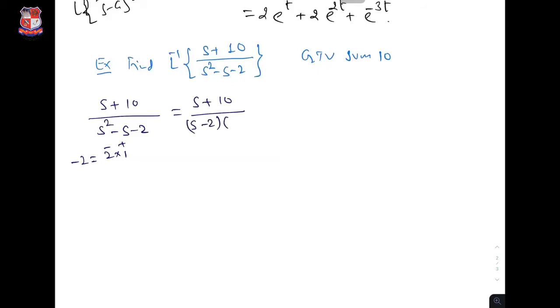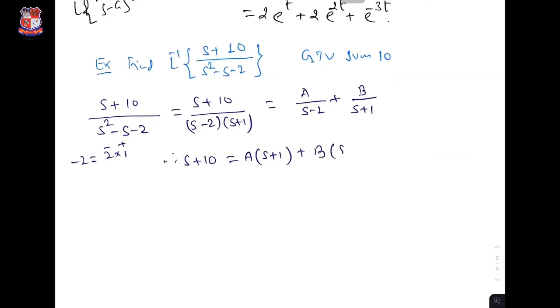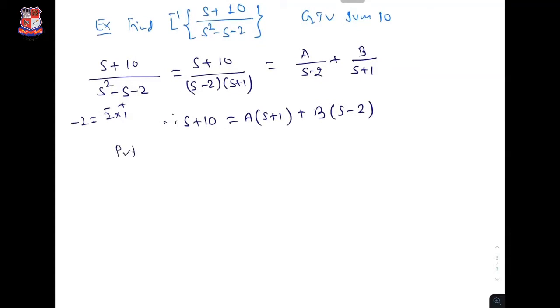So s minus 2, s plus 1, and so this is equal to A over s minus 2 plus B over s plus 1, and therefore s plus 10 equals A into s plus 1 plus B into s minus 2. Now we put s equal to 2.